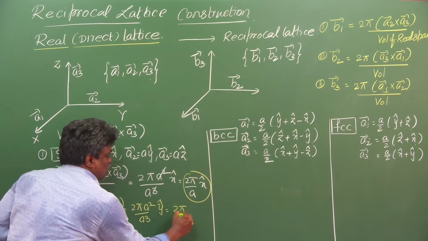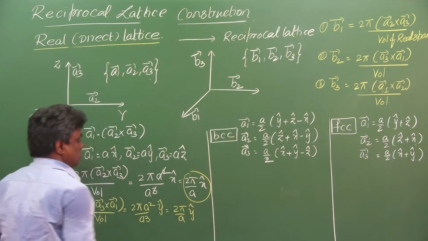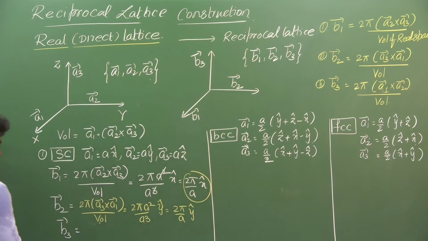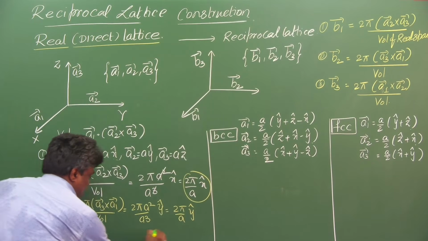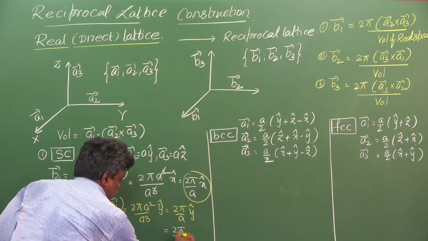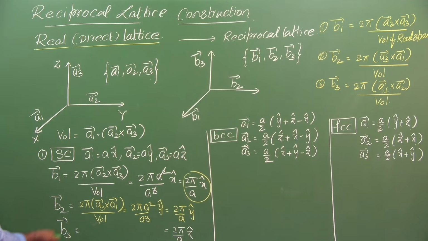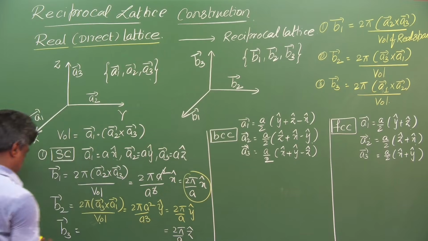This is 2 pi by A Y cap. So again you got X cap, Y cap. Similarly, B3 bar equal to 2 pi by A Z cap. So the reciprocal lattice of a simple cubic is again a simple cubic. That is what you have to write here.